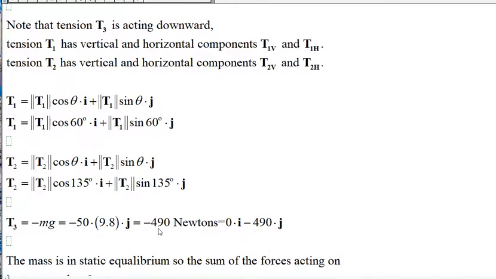And to write this vector right here in terms of i and j, we can write this as 0i minus 490j.